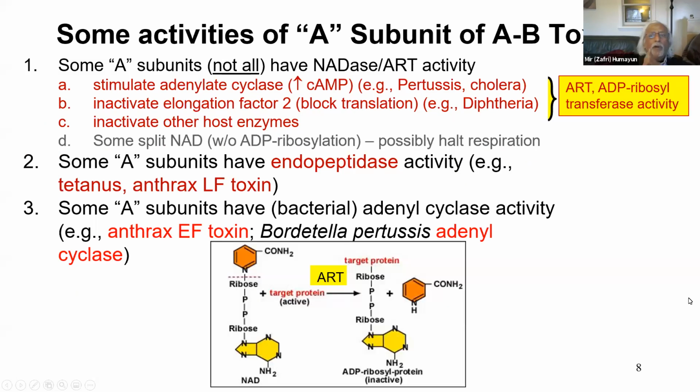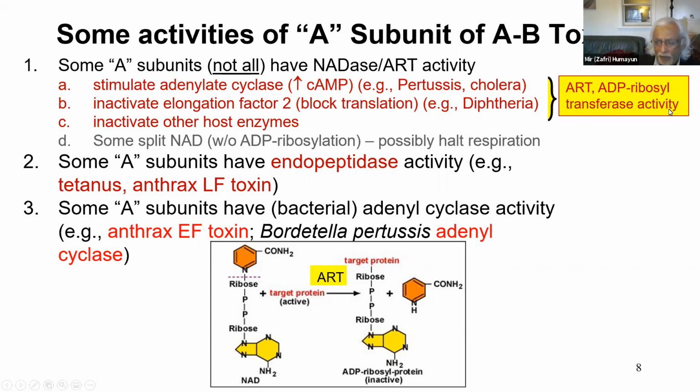First, let us take a look at some enzymatic activities of AB toxins. One of the most common enzymatic activities of AB toxins is the so-called ADP ribosyl transferase activity.